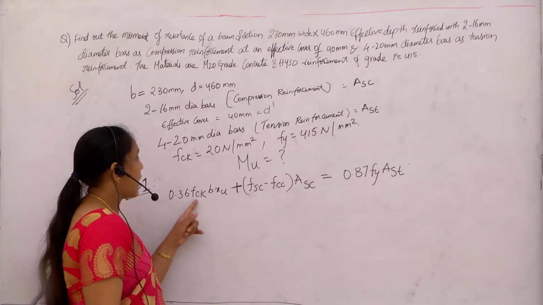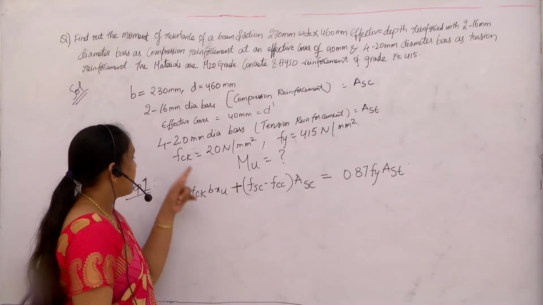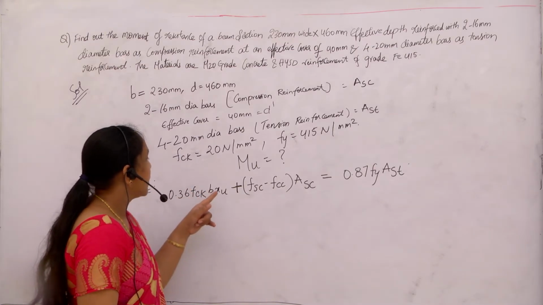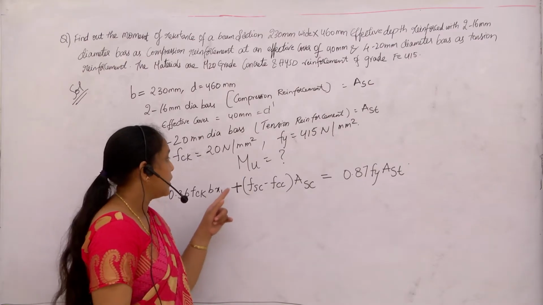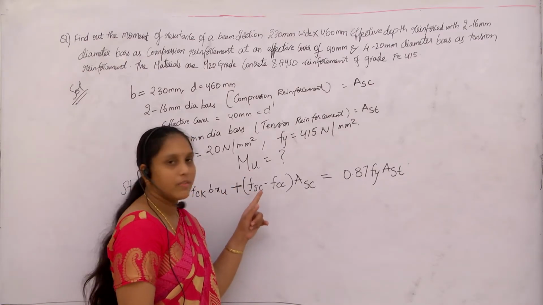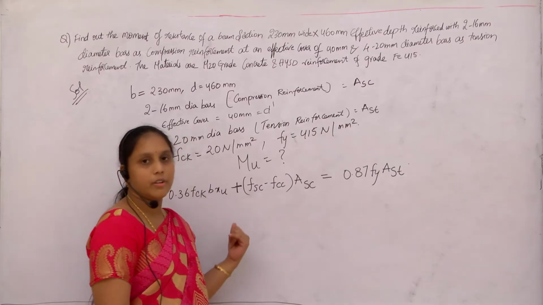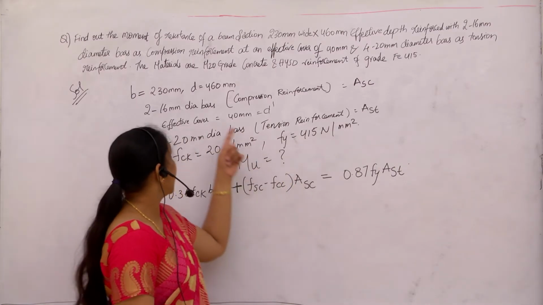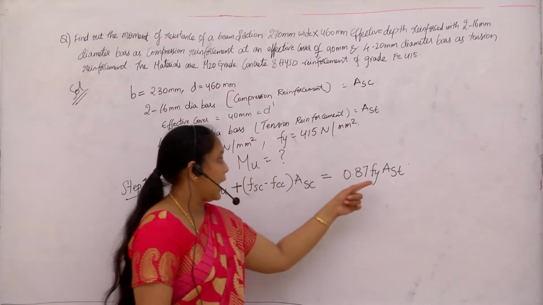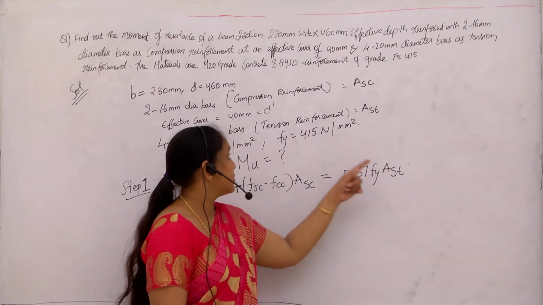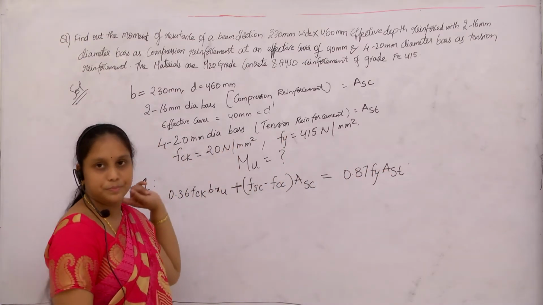You already know the value of fck. The value of b is given. Xu is what you have to find out. Fsc is not given, we have to find it out. Fcc is also not given, we have to find it out. And Asc you can find out from this. And fy is given, and Ast also can be found out from this.